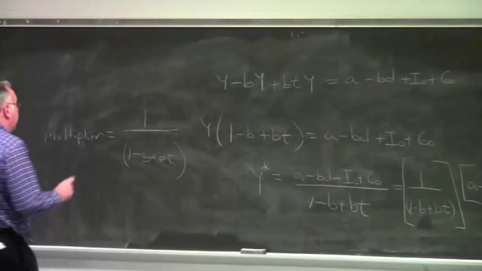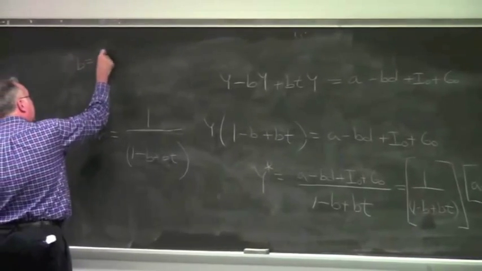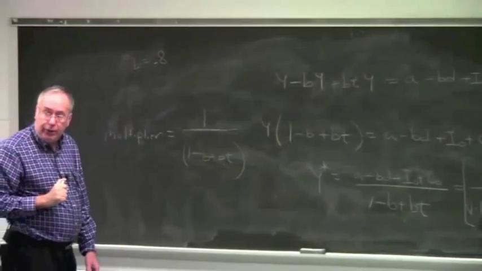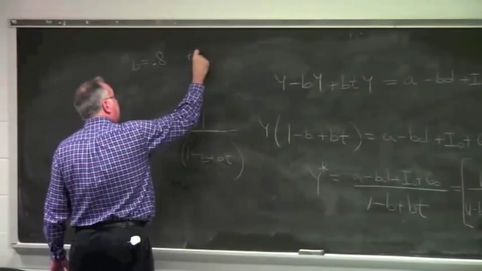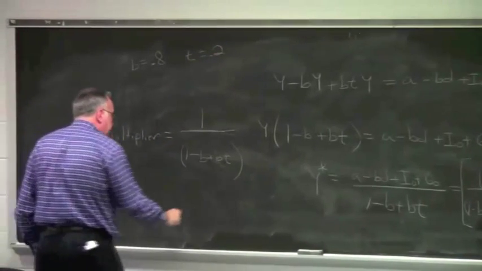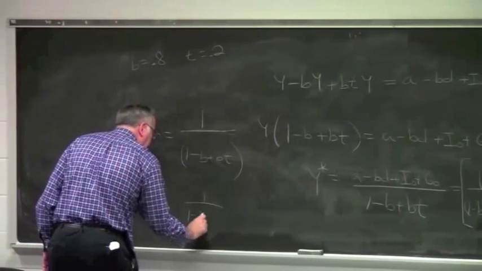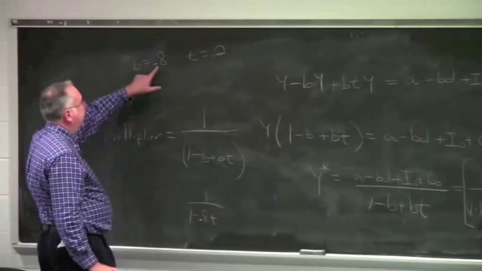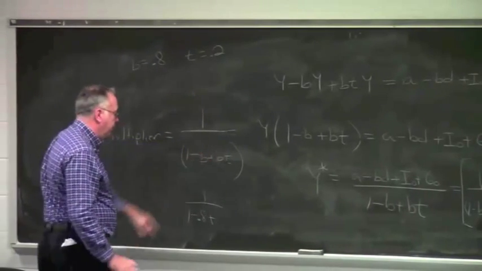For example, if we take this case here, B equals 0.8, marginal propensity to consume is 0.8. And now let's assume the tax rate is 0.2. We calculate the multiplier now. What is it? It's 1 over 1 minus 0.8 plus 0.8 times 0.2, which is 0.16.